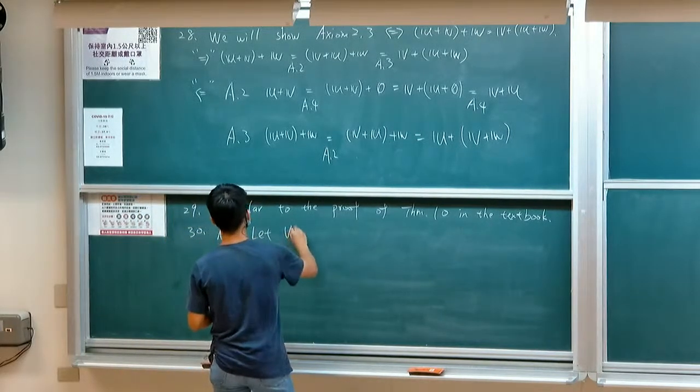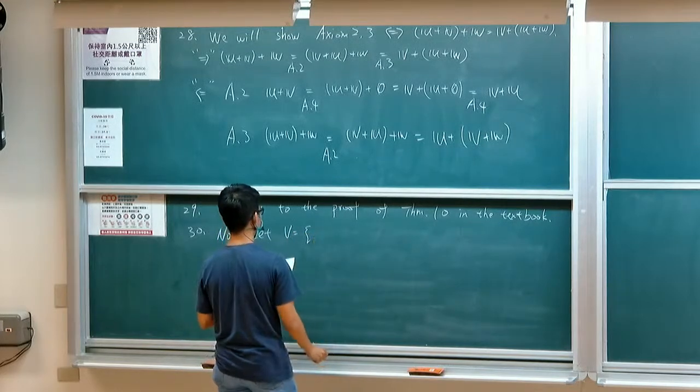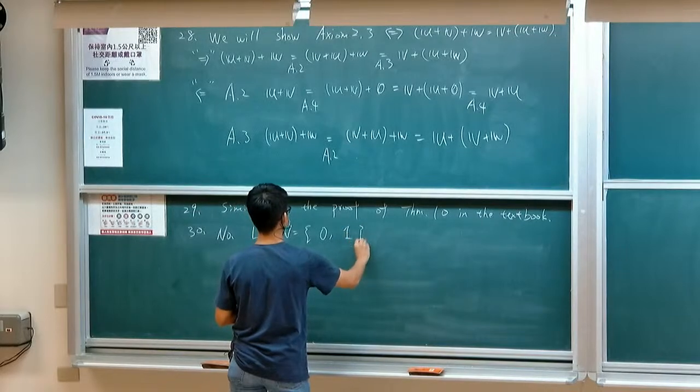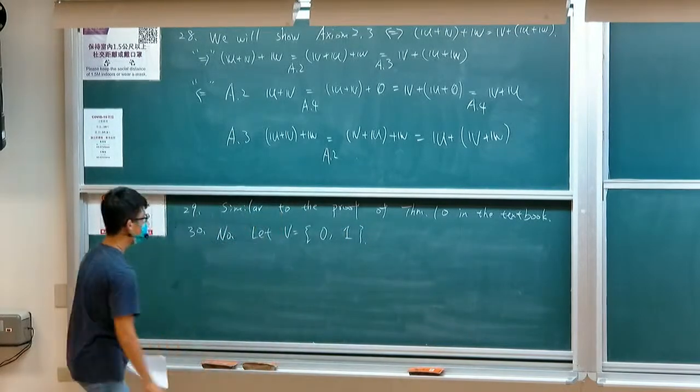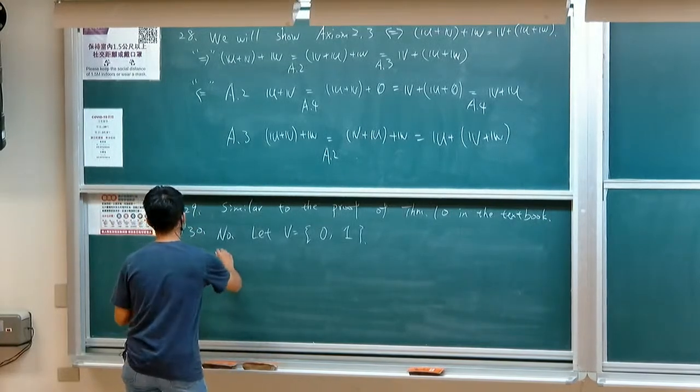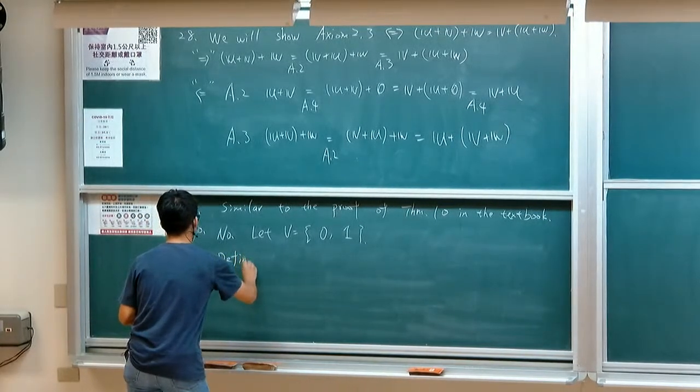We let V contain only two elements, 0 and 1. Now, the vector addition will be defined as logical OR.